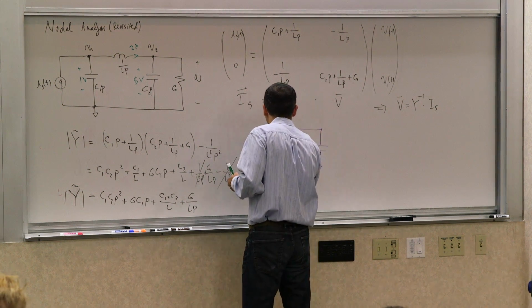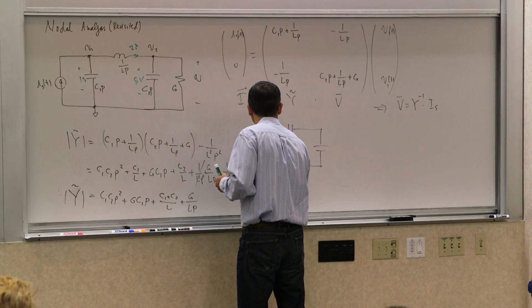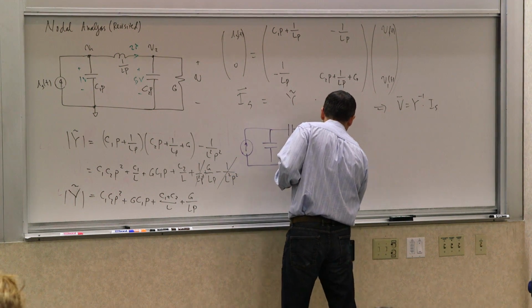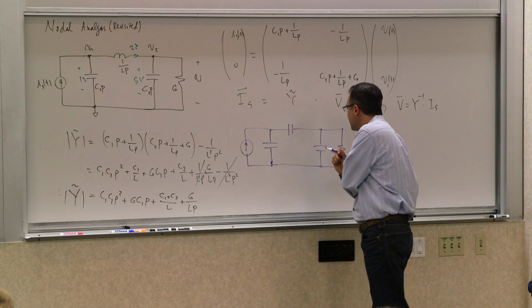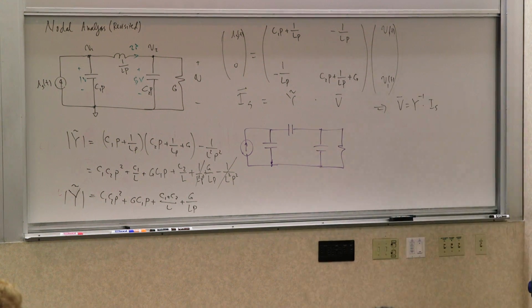If I had 3 capacitors, if I had this circuit, then what's the order of the circuit? I want you to continue on that thought process. I guess it's 2 now.